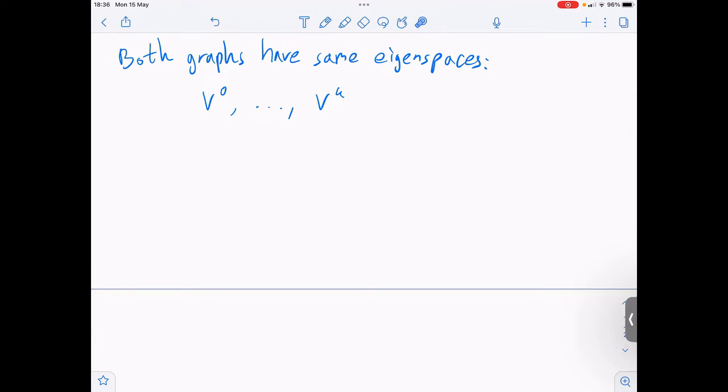Okay, so this was part 1, and part 2 is going to be stuff which I'm going to attribute to Dunkl, but maybe this is false. So Chris, if you know better, then please let me know. So this will be a way of describing these eigenspaces in a particular way.